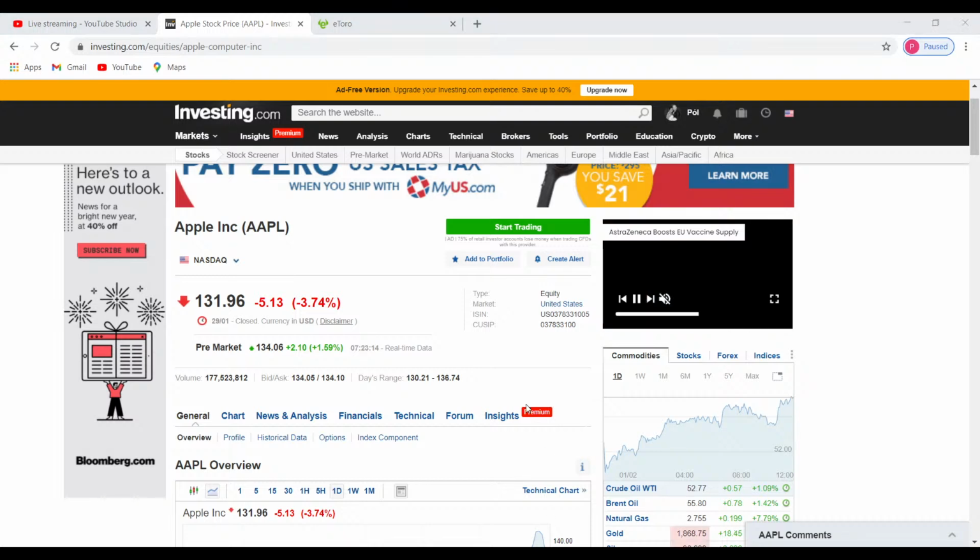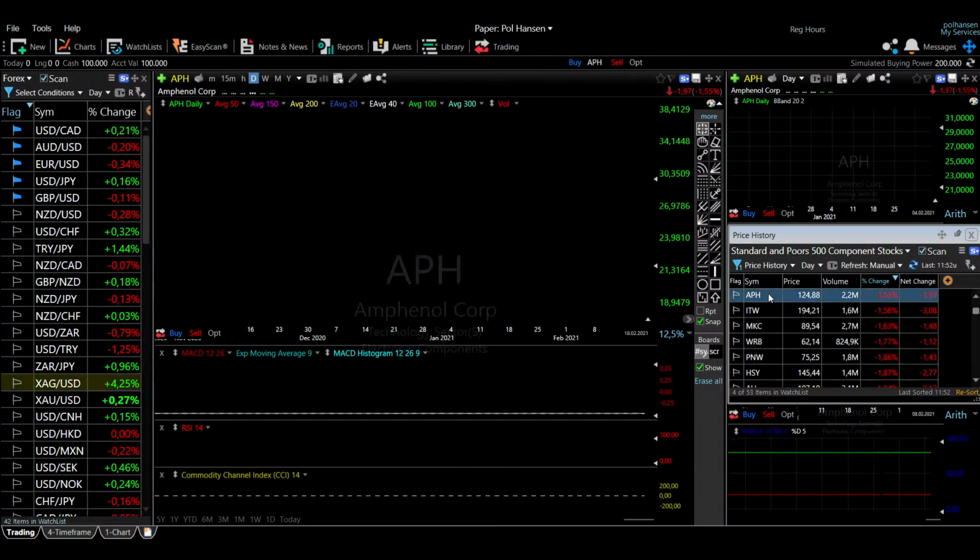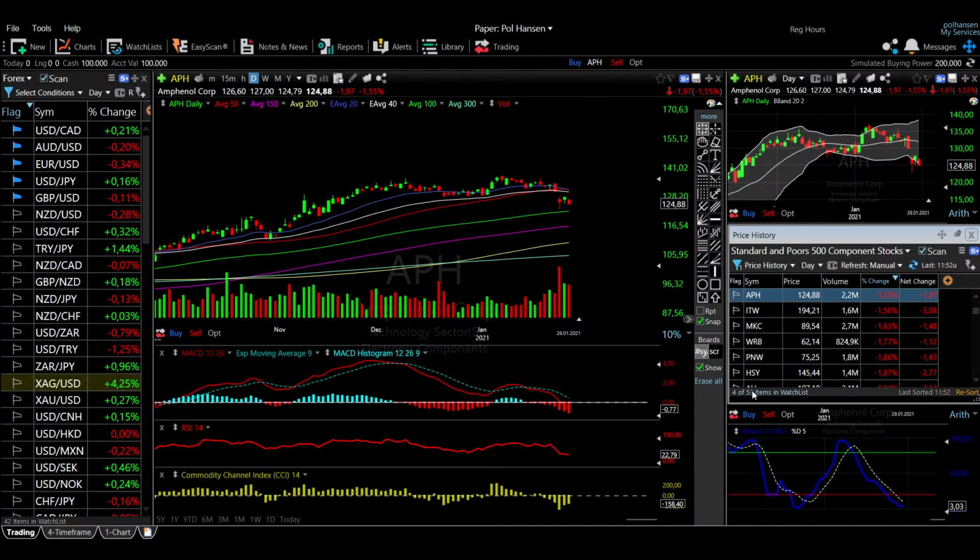So other stocks that we can look at: I've done the scan here for the S&P 500. As you can see, we have roughly 53 stocks in this category, where I scan whether or not they are oversold or overbought. I'm scanning at the moment for oversold.